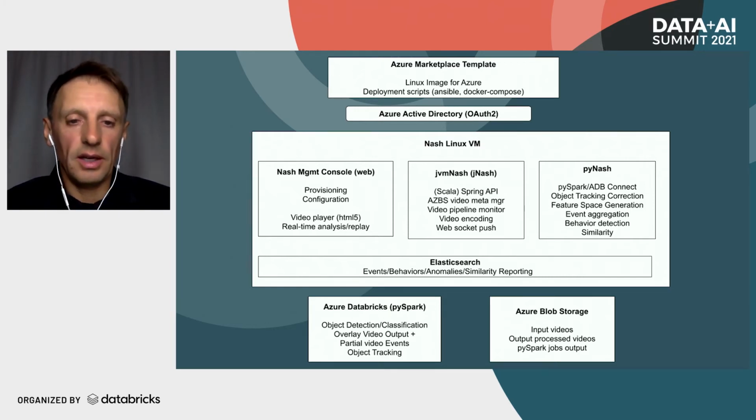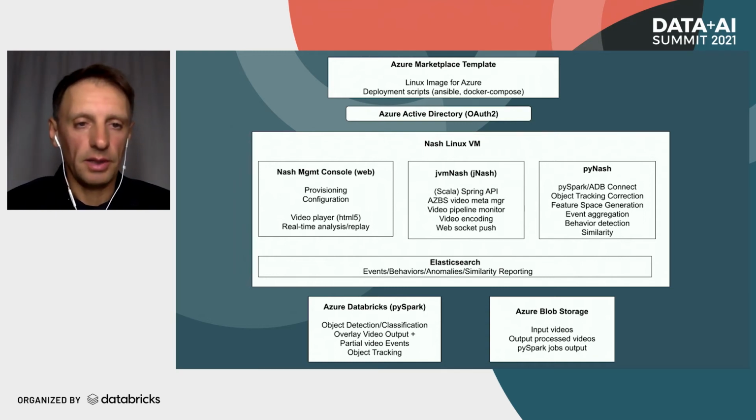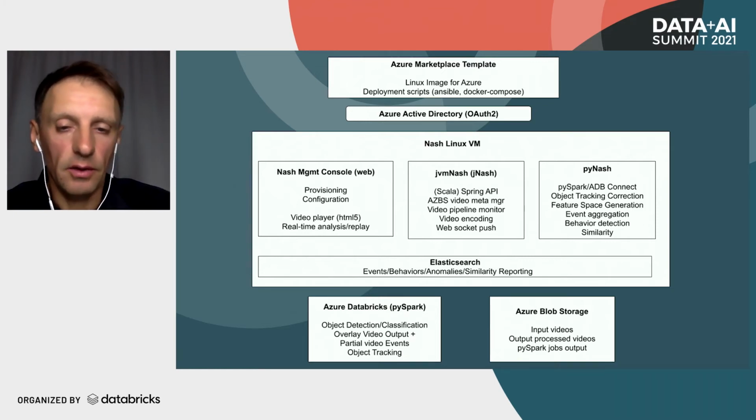Then what's in the Linux VM, this big box in the middle? We have the management console, where all the rendering, the analysis, the video rendering, the provisioning, and the configuration happen, in that web console for the analyst and the administrator of the solution.